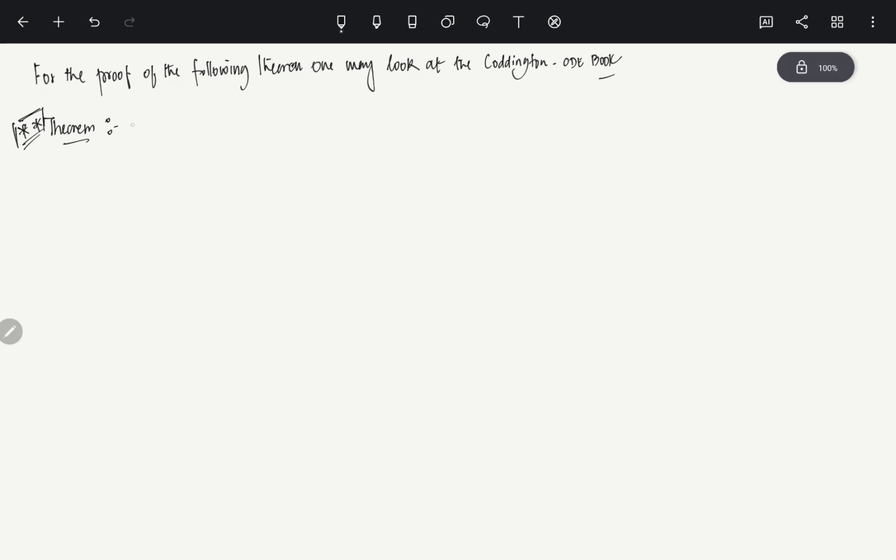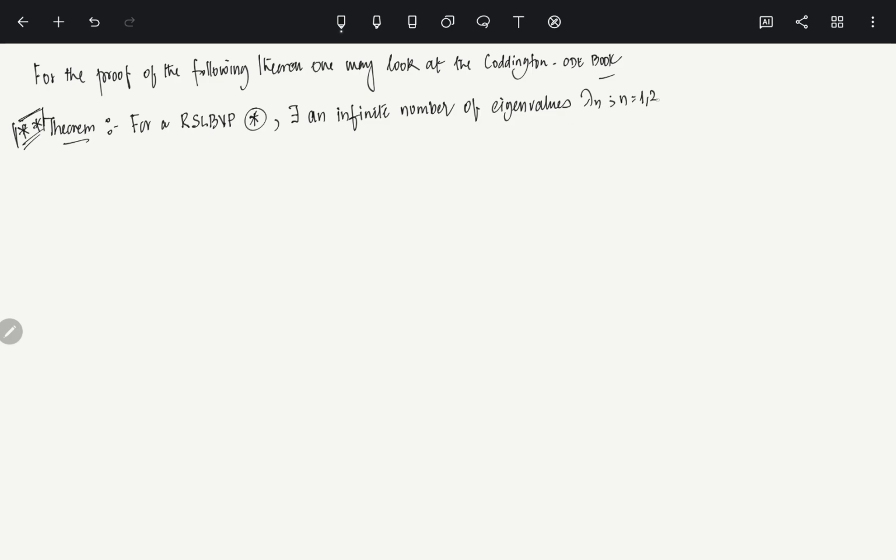So what we have is this. For a regular Sturm-Liouville boundary value problem, the problem which we are talking about, there exists an infinite number of eigenvalues lambda n, with n equal to 1, 2, and it goes on.